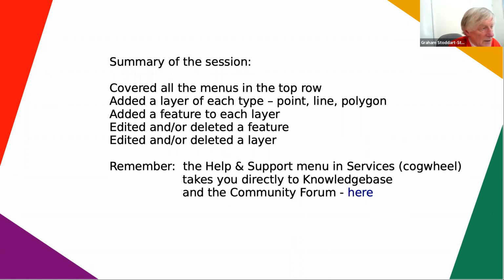We've had you create 3 layers, one of each geometrical type, point, line, and polygon. You've added a feature to each layer. You've edited and deleted the feature, and you've edited and deleted a layer, and we've added attachments.